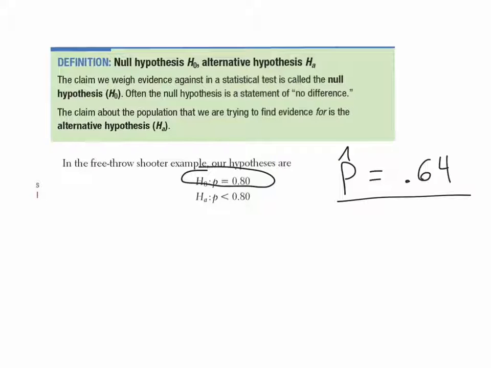So let's talk about the null hypothesis and an alternative hypothesis. Let's erase some of this first. When we're talking about a null hypothesis, and you should jot that definition down, we're talking about the claim that we're finding evidence against. In the activity that we did, we talked about a basketball player, and that's what we're going to be using from here on out.